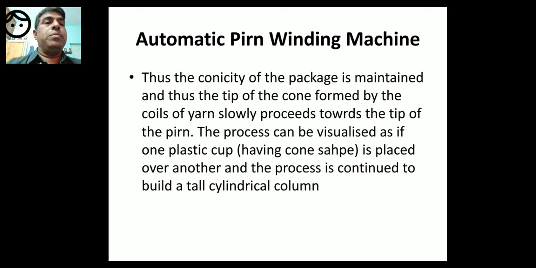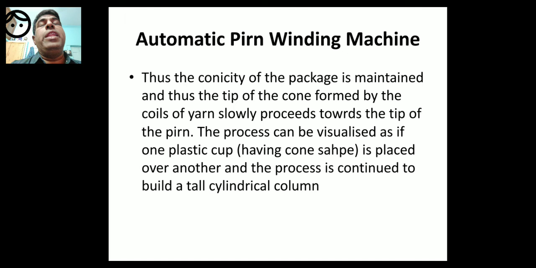You can see this like this because please understand this. The process can be visualized as if one plastic cup having cone shape is placed over another and the process is continued to build a tall cylindrical column.